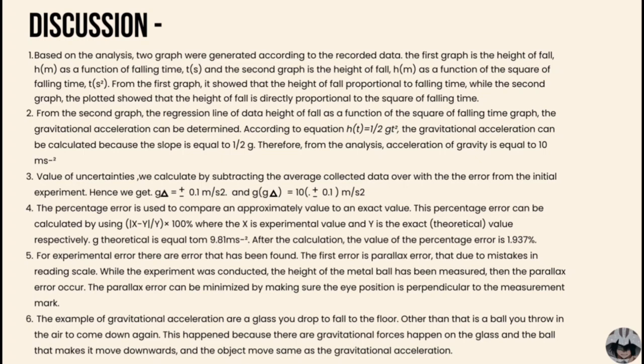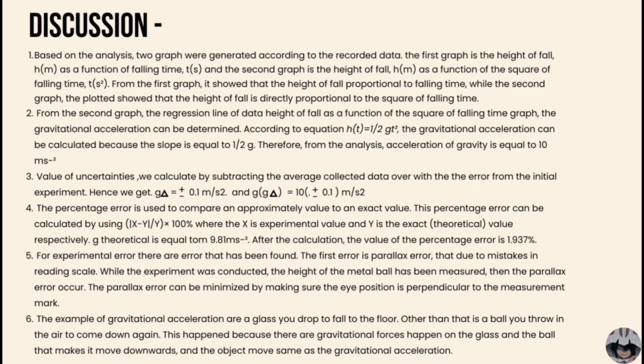Therefore, from the analysis, the acceleration of gravity is equal to 10 meters per second squared. The value of uncertainties we calculated by subtracting the average collected data with the error from the initial experiment. Hence, we get g delta equal to plus or minus 0.1 meters per second squared, and g equal to 10 plus or minus 0.1 meters per second squared.